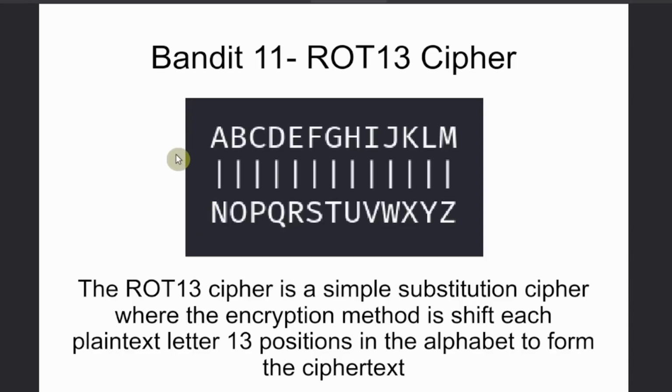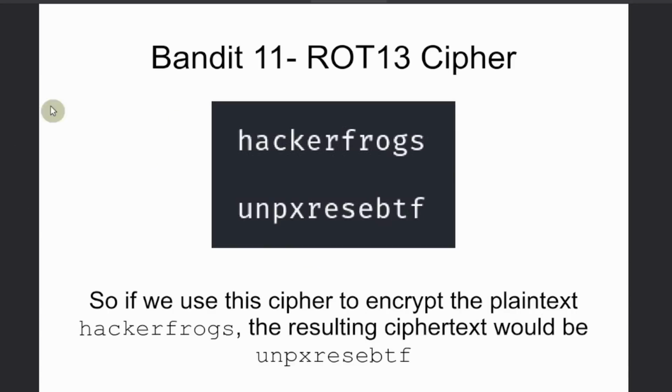For example, if you want to encrypt a message using ROT13, the letter A becomes the letter N, and the letter N becomes the letter A. The letter M becomes the letter Z, and the letter Z becomes the letter M, and so on and so forth. Let's do a little more explanation. If we use this cipher to encrypt the plain text HackerFrogs, the resulting ciphertext would be this over here.